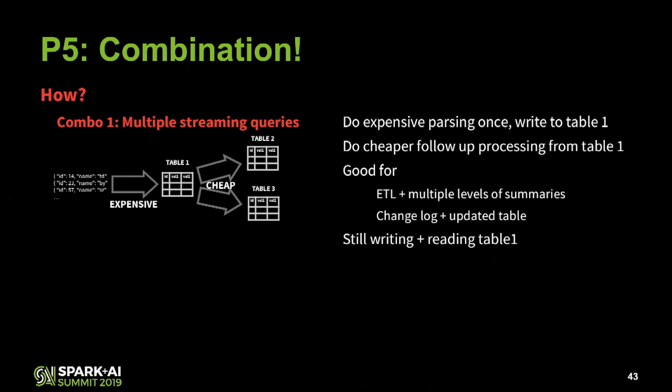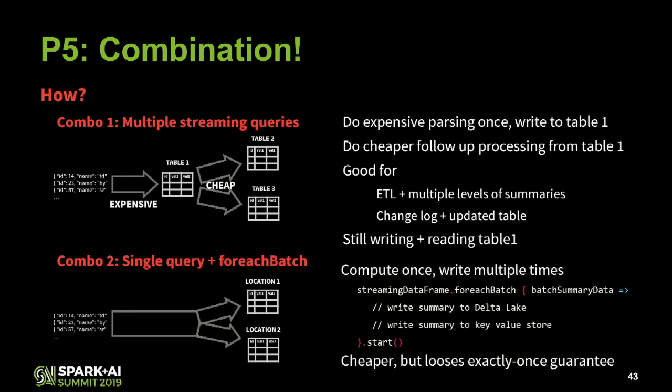In some cases, you can avoid that by using foreachBatch once again, where a single streaming query computes everything and then writes it out to both locations. This is great for things like when you want to compute streaming aggregates, a summary or something, and then write it out to both a Delta table for scan-based analytics as well as to a lookup table, a key-value store, for lookup.